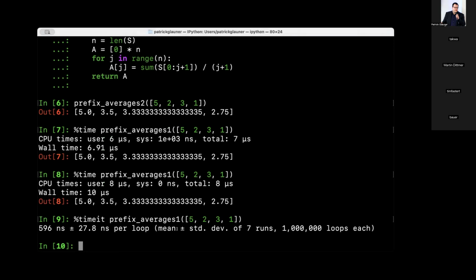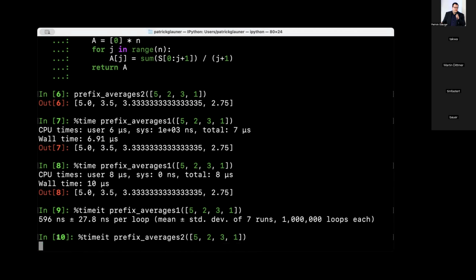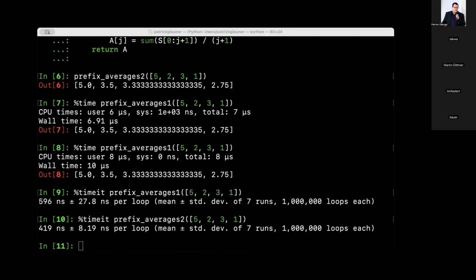So we see this takes on average 596 nanoseconds plus a standard deviation of 27.8 nanoseconds. We can compare this to prefix averages 2 and see what happens, because then the experiment is just run many, many times. And we see it runs a little bit faster.